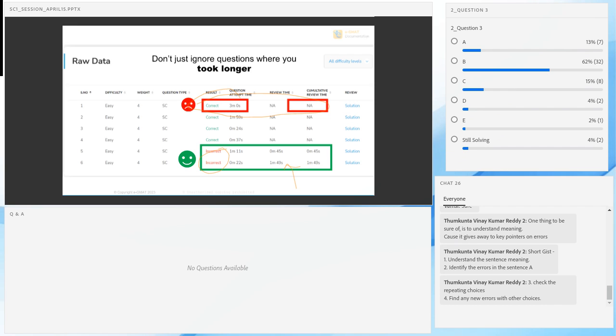If you compare the median time for this question, the median time would be less than 3 minutes for sure. Let's say it was 2 minutes and 20 seconds, then definitely the student needs to figure out, yes, I answered the question correctly, but I took a lot longer. Why is it that I took that much longer? So you have all this data at your disposal. You have to use that data very well.